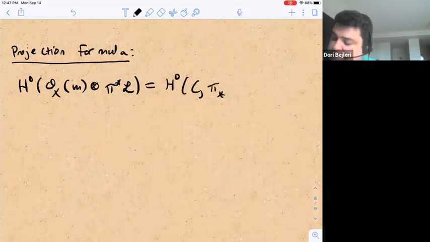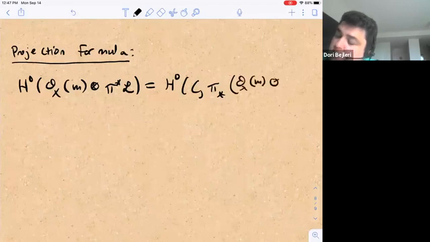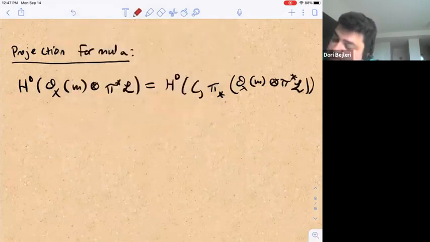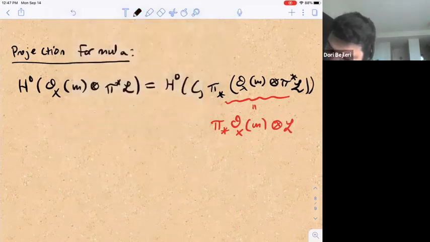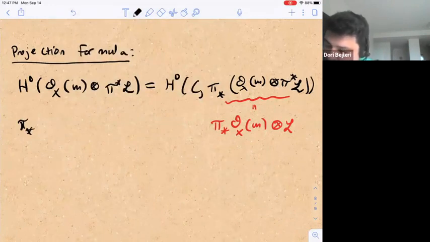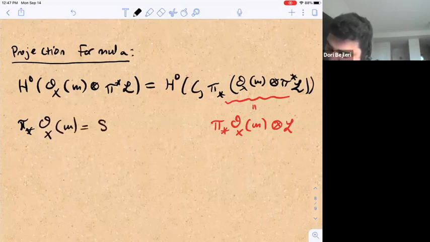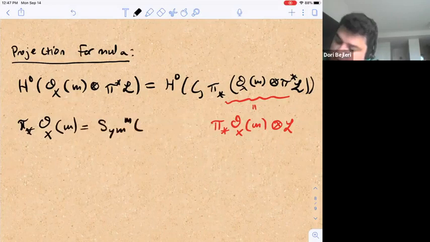So H0 on C of the push forward of OX of M tensor pi upper star L. And now we use the projection formula to get that this is the same as the push forward of OX of M tensor L. Now those are some coherent sheaves on C. And now this push forward, if you unravel the definition of the Proj that you're taking to produce this projective bundle, then this push forward of OX of M is essentially by definition the mth symmetric product of our bundle E.